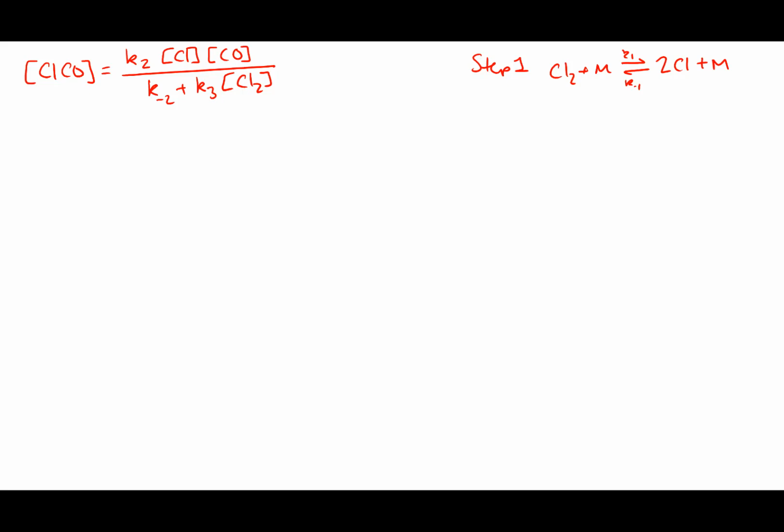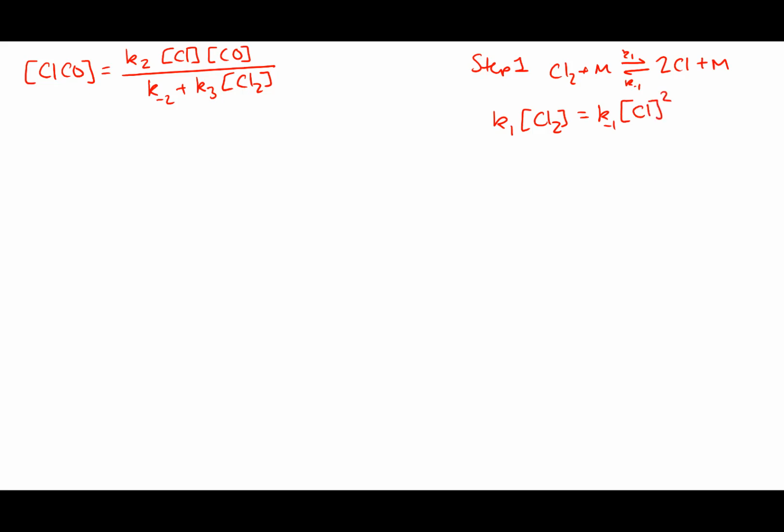So if we write out that reaction, the forward reaction rate is simply K1 times the concentration of Cl2, which is going to be equal to K minus 1 times the concentration of Cl squared.